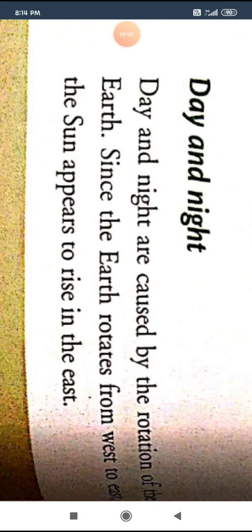Okay, what, why and how? Since the earth rotates from west to east, the sun appears to rise in the east. Already we know the sun rises from the east.